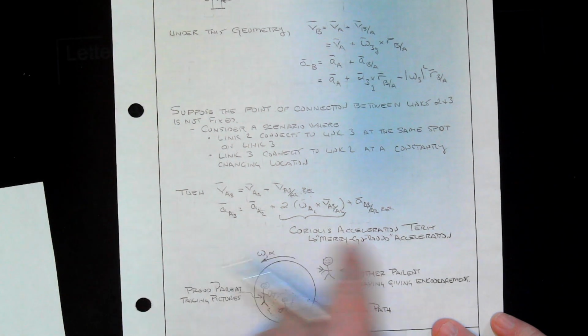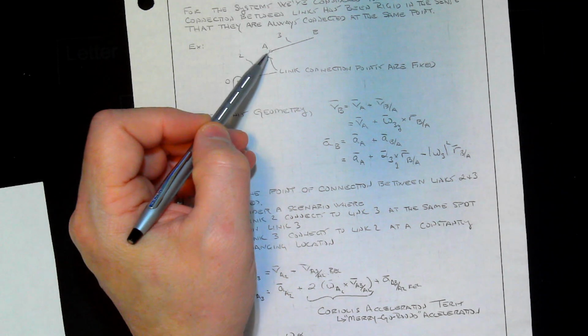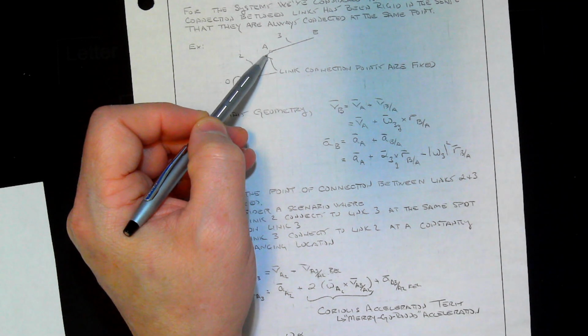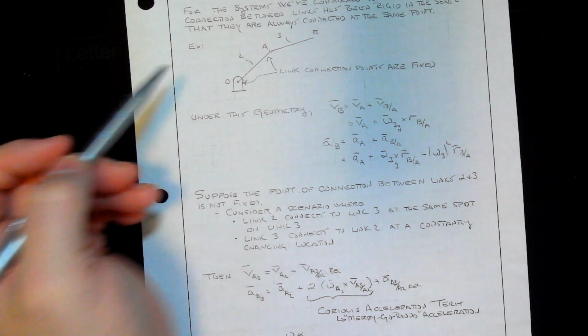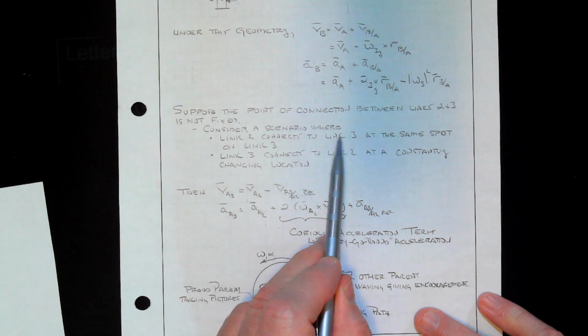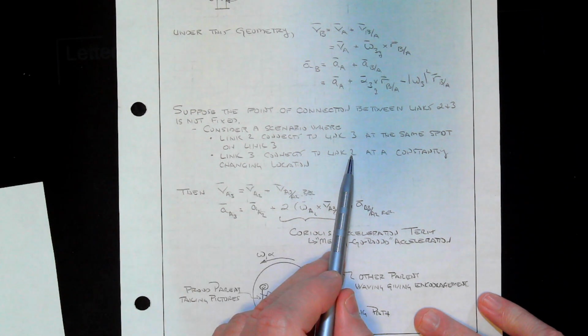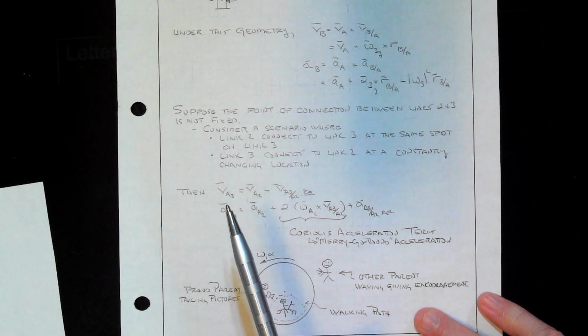These equations are very simple to use. You simply need to do two things. One, if you don't have a clear connection, as you do here, you're going to have to make a jump from A on link 2 to A on link 3. If it fits this model, where 2 connects to 3 all over the place and 3 only connects to 2 in one spot, you're going to use Coriolis.